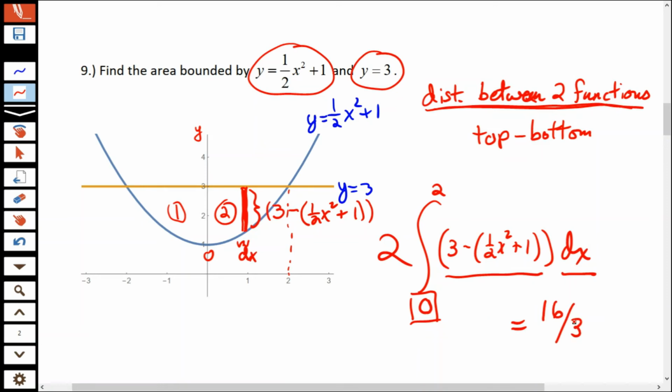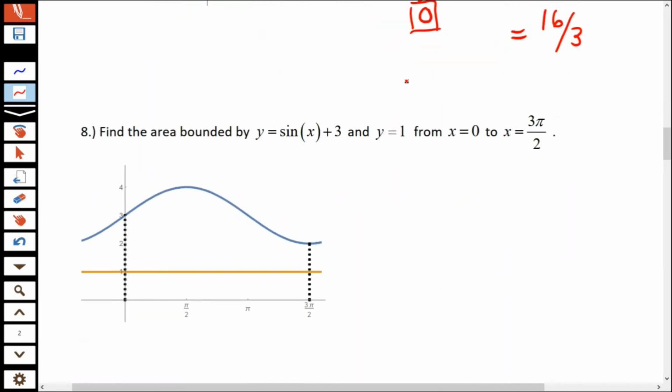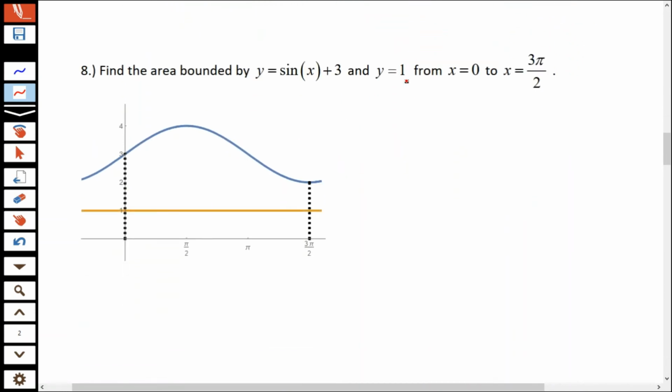Okay. Now this idea of top minus bottom, I'm doing a simple example here where the line is on top. Here's an example where the line is on bottom. Again, not a tough integral to take if you can remember top minus bottom. We've got our rectangle, tiny change in x, dx, that gives our rectangle a little bit of width.